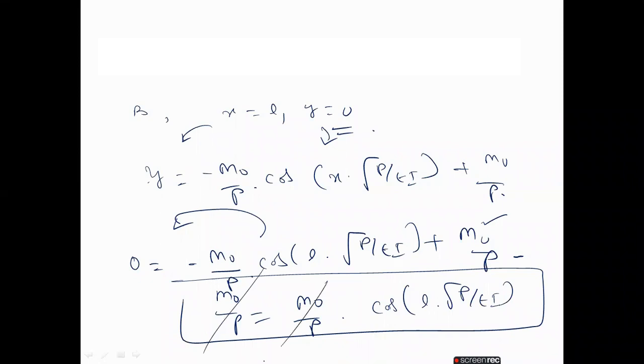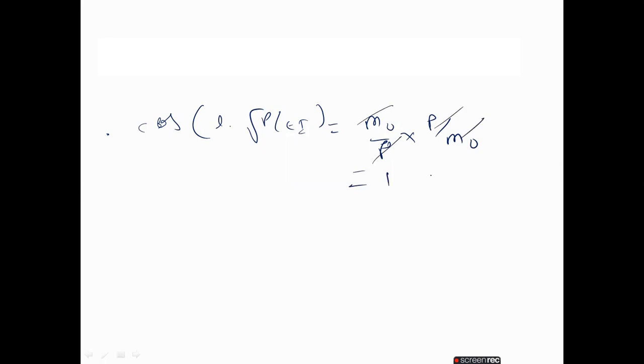Okay. And if you observe, sorry, not cancel here. We have to send this one to the right hand side. I will tell you now. The next step is cos L into square root of P by EI equal to m naught by P. If you send the m naught by P of the left side to the right side, it is P by m naught. Okay, that is nothing but it is a 1 value.